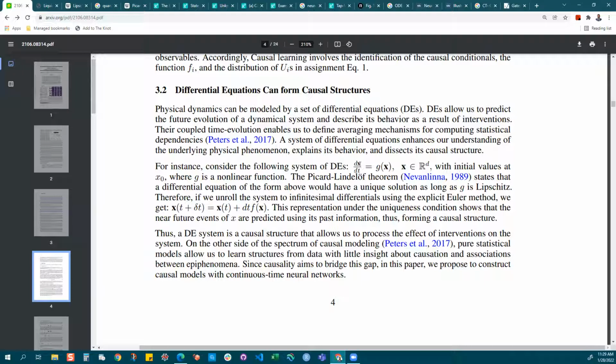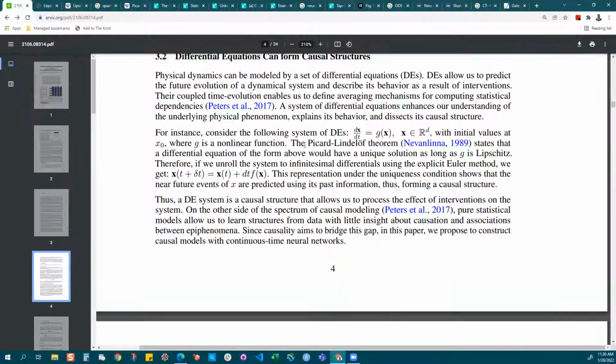But let's say we have the derivative of x with respect to t, and that is equal to g of x, where g is a nonlinear function. Then they talk about a theorem, the Picard-Lindelof theorem, that states that an equation in this form has one unique solution, only one unique solution, if g, this function, is Lipschitz. And we're going to talk about what they are and what they mean.